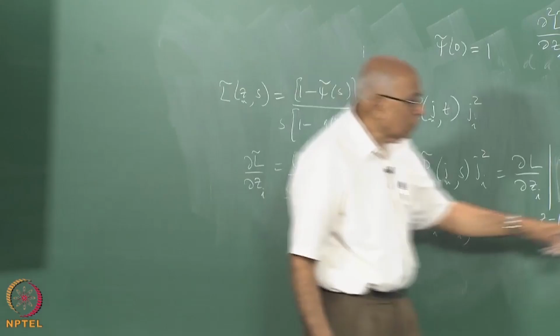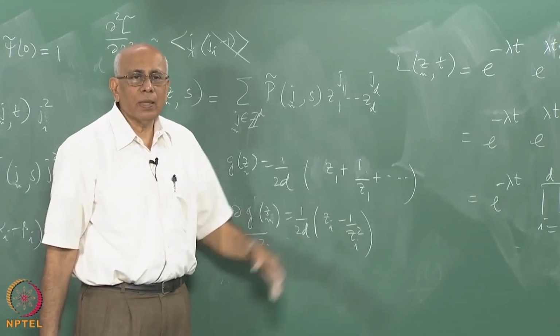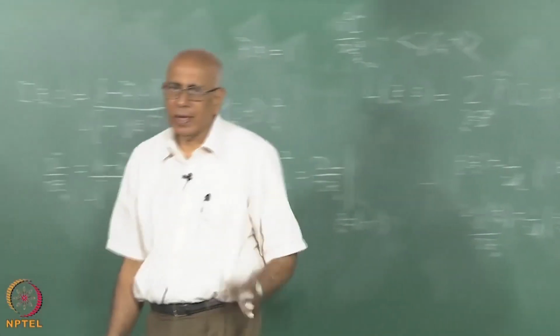But what is the second derivative of this? It is just 2 over zi cubed, and I put zi equal to 1, so it is just some number, 2, some finite number.